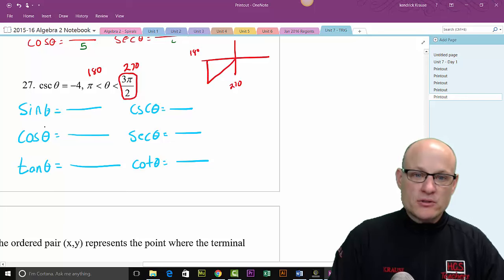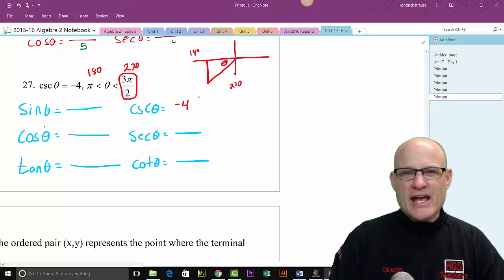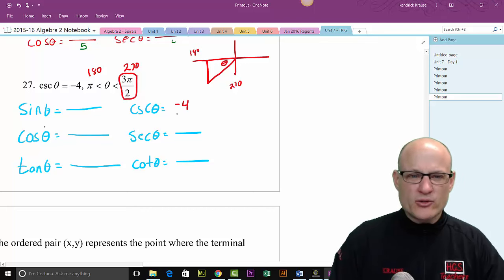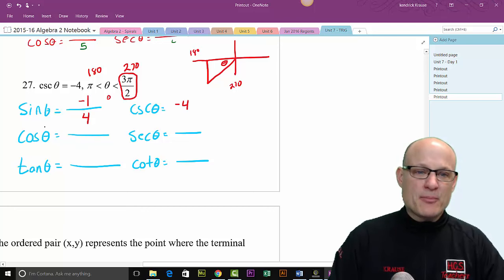And then all I was given was that cosecant is negative 4. Well, that's really negative 4 over 1. So when I flip that, I get negative 1 over 4. And I know that's opposite over hypotenuse. So opposite, adjacent, and hypotenuse. 1 opposite over 4.